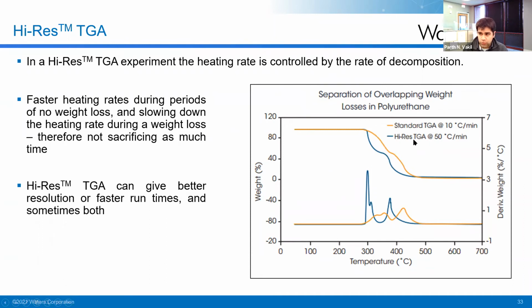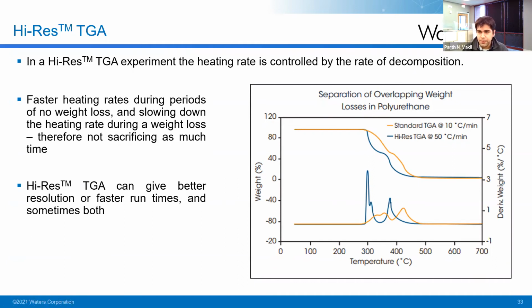It doesn't go down to 0, but it comes down to such a slow heating rate where basically weight loss steps appear a lot more vertical. And therefore the derivative peaks appear much sharper. You can resolve peaks a lot more cleanly using high resolution TGA. So it is a method that gives you better resolution and sometimes faster run times, or a little bit of compromise in time to achieve resolution that you cannot achieve using a regular TGA experiment set up on the TGA instrument.